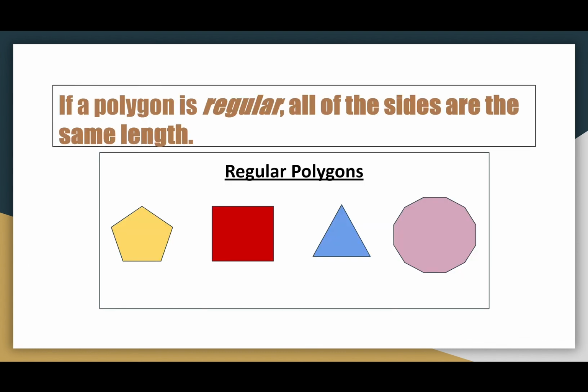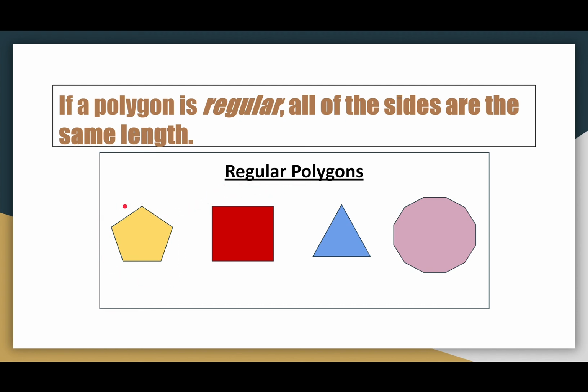And this is really the main thing in session 3. Session 3 is a little bit shorter, but it goes into the idea that if a polygon is called regular, all of the sides are the same length. Now, with regular, we think of something that's normal, in its most natural state. If a polygon is regular, all the sides are the same length. So these are some common regular polygons.